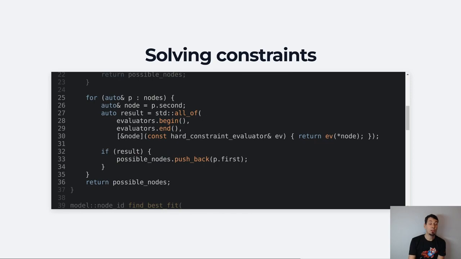Then in the next step, we go over all allocation nodes, and a node is only eligible to hold a partition if none of the constraints are violated.